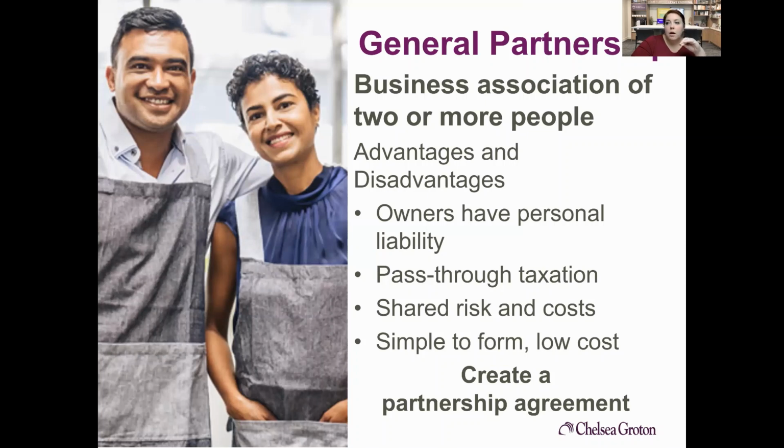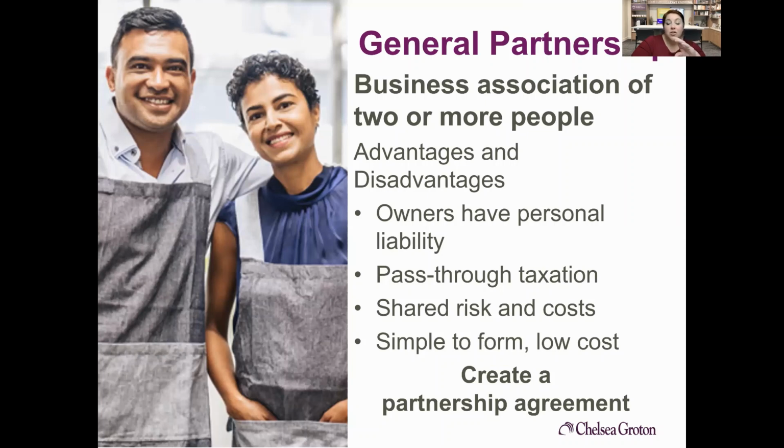So the owners of the general partnership have unlimited personal liability because, again, you are the business. There is nothing between you and the business. You're jointly liable for the partnership's obligations.